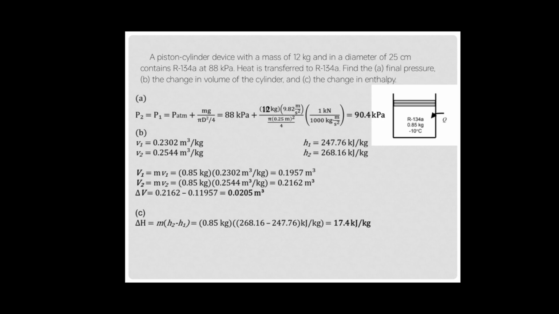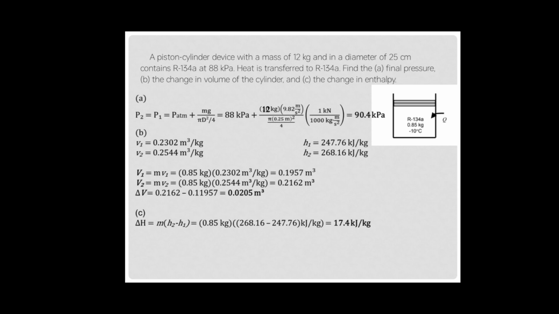Now the initial volume is equal to mass times the specific volume of state 1, the initial state, equals 0.85 kilograms times 0.2302 cubic meter per kilogram. Cancel the kilograms, so the unit left is the cubic meter, 0.1957 cubic meter.